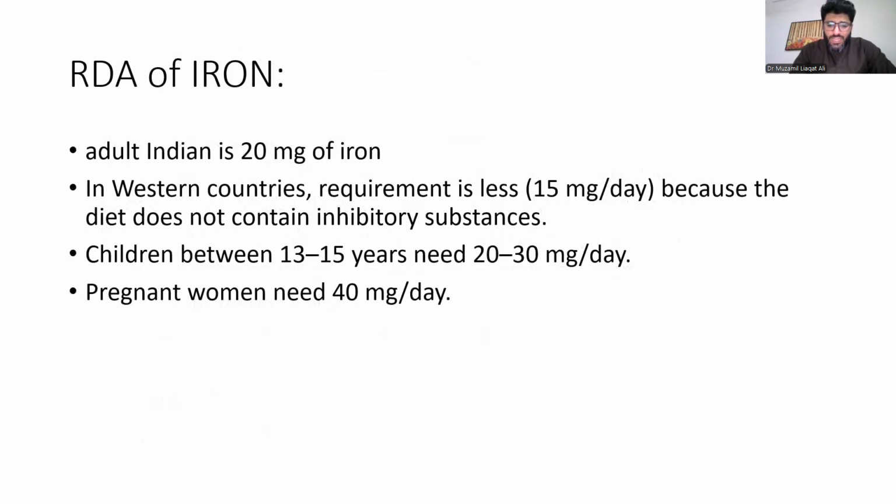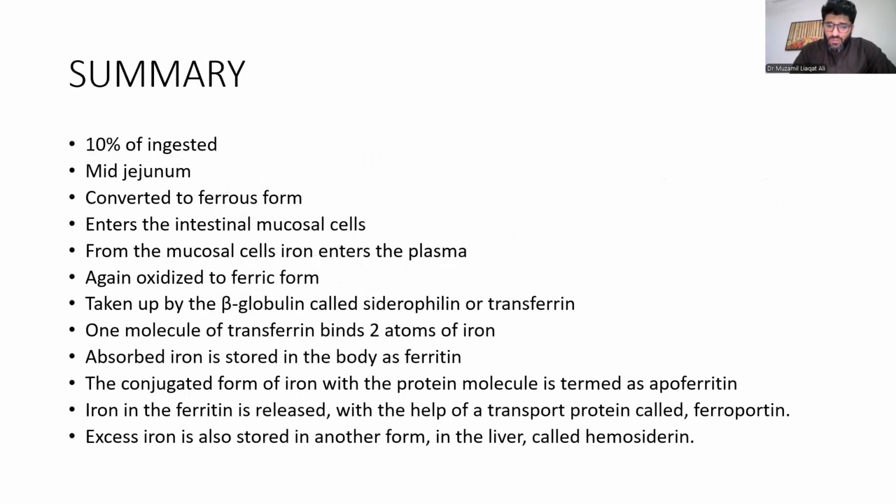What about the recommended daily allowance of iron? The recommended daily allowance for iron varies with region and physiological status. For an adult Indian, the requirement is 20 milligrams of iron per day.